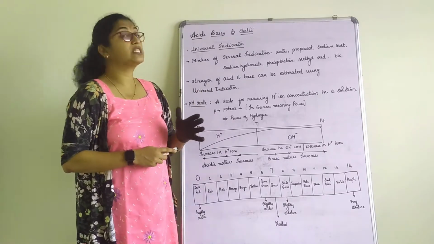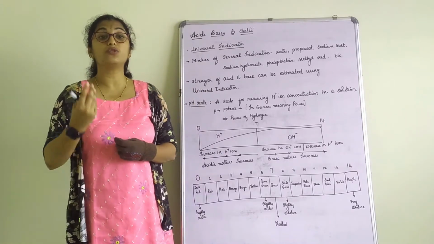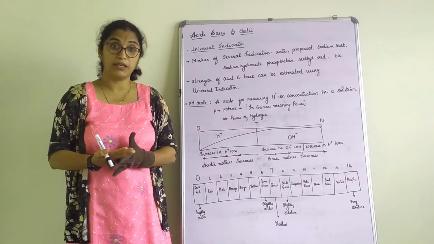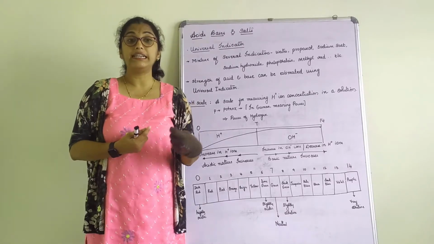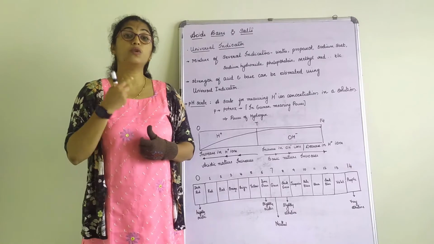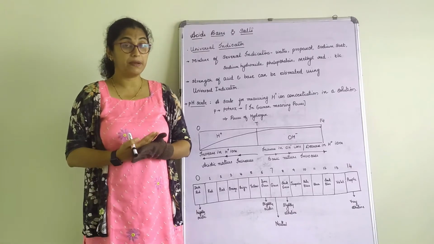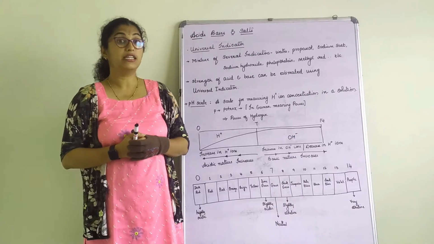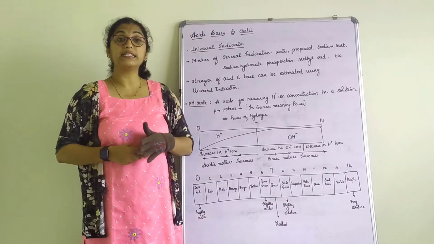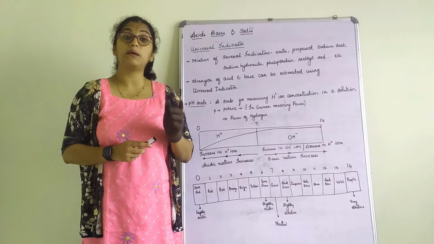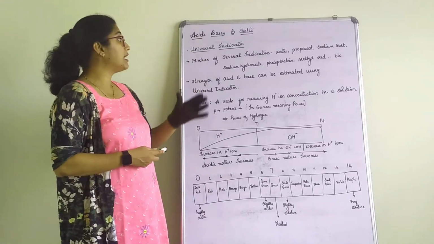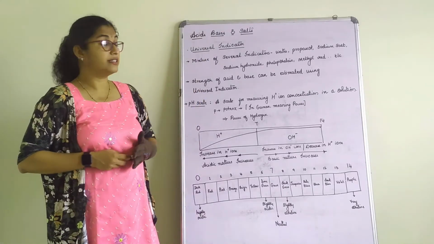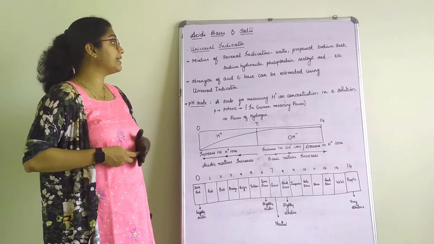So in today's class we will study how the strength of an acid and base is measured. Now we can identify by indicators which are acids and which are bases, but the strength is not measured using those indicators. The strength of an acid and base is measured by a separate indicator called a universal indicator. So what is this universal indicator?